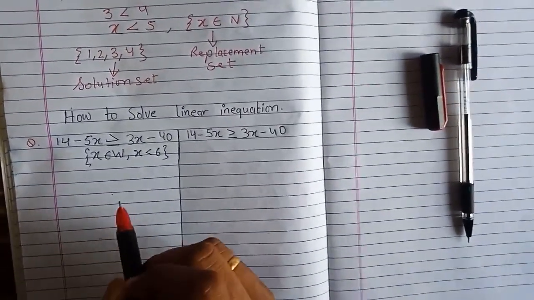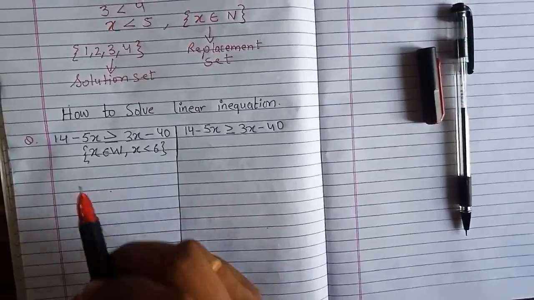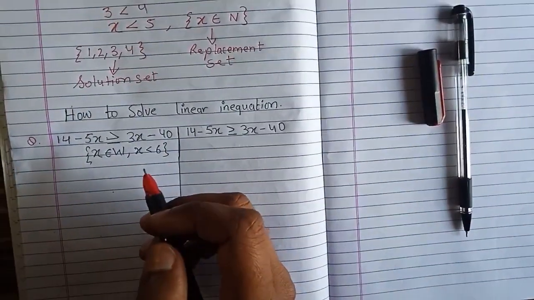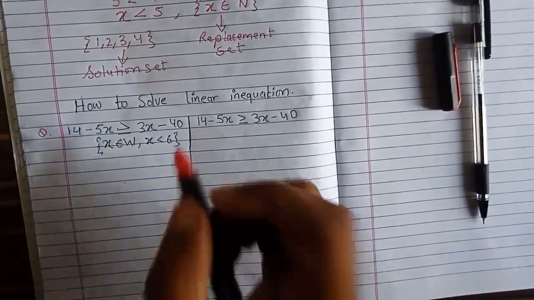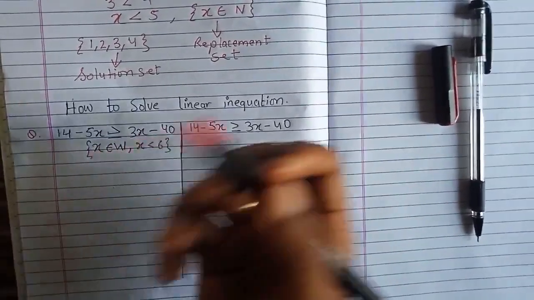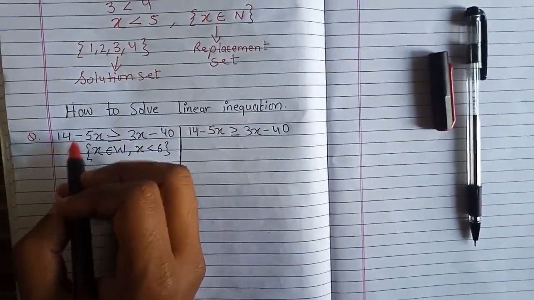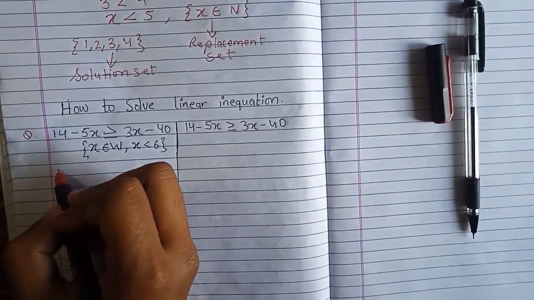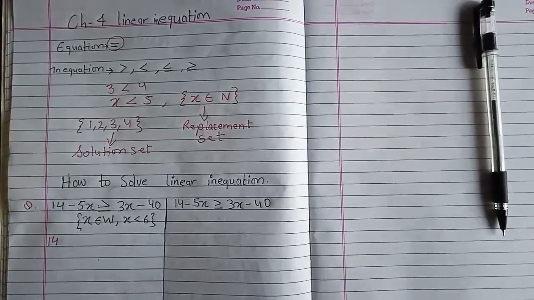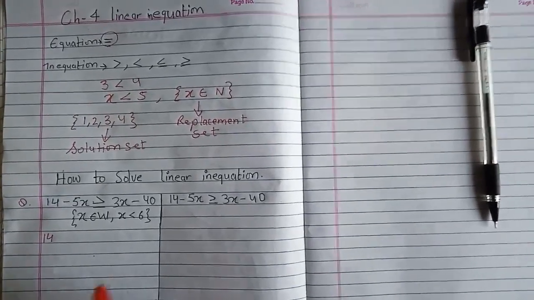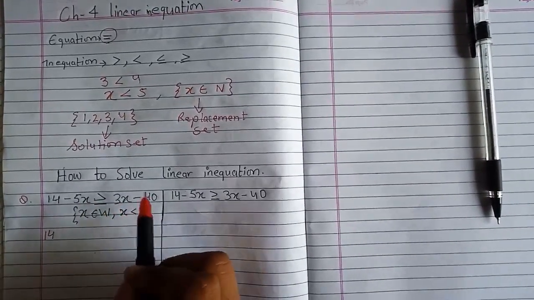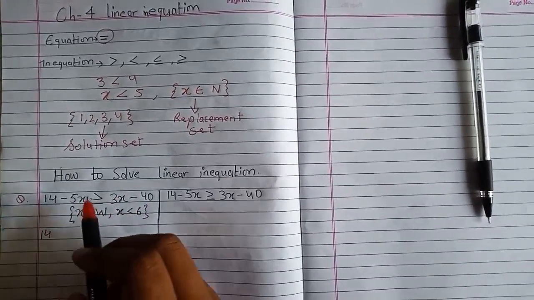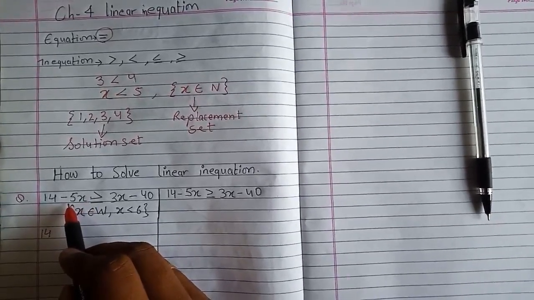One way is that you can add or subtract the same number or expression on both sides. Let's say I need to find the value of x, so I'm going to add or subtract the same numbers on both sides. I have to solve in such a way that on one side of this inequation one variable is left, and on the other side one number is left. Right now I'm going to remove this minus 5x.